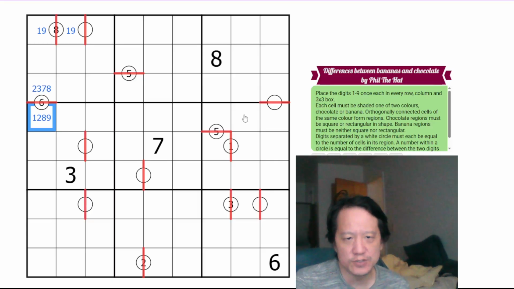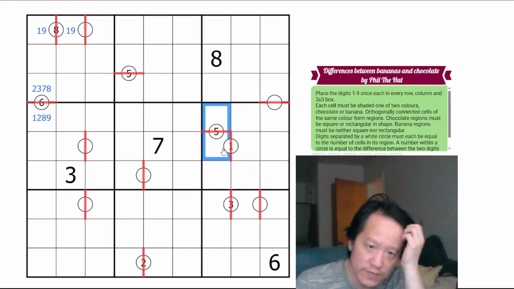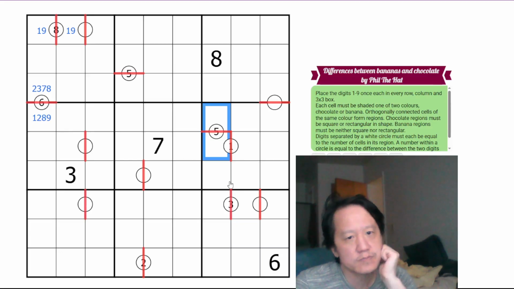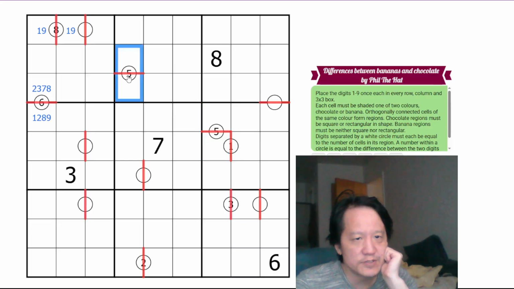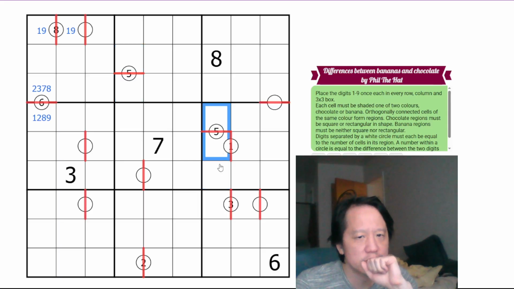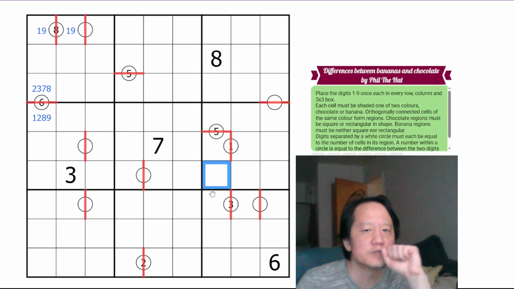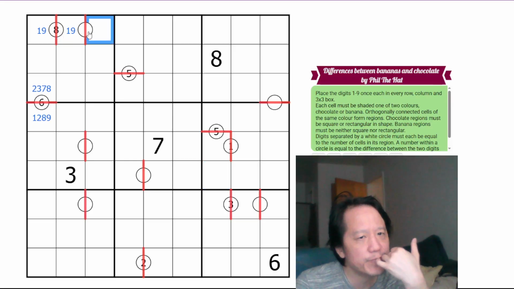This has a difference of 5. Difference of 5 here. That doesn't help too much. Chocolate regions must be squares or rectangles.